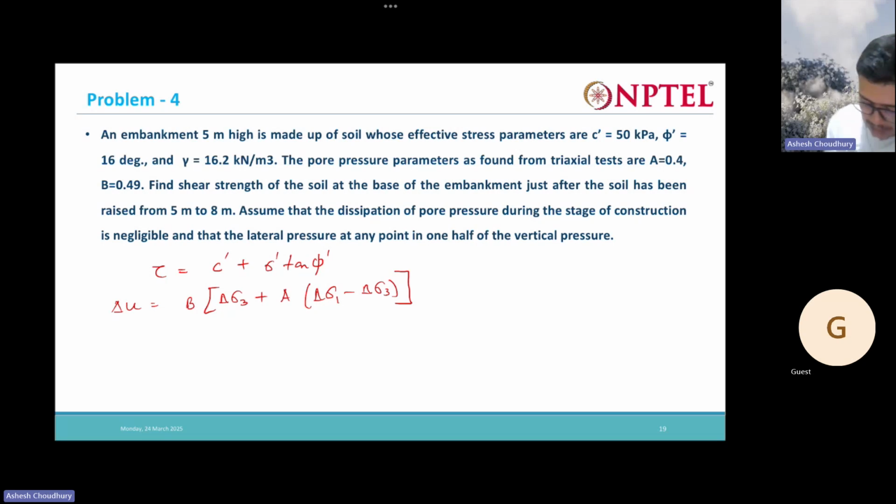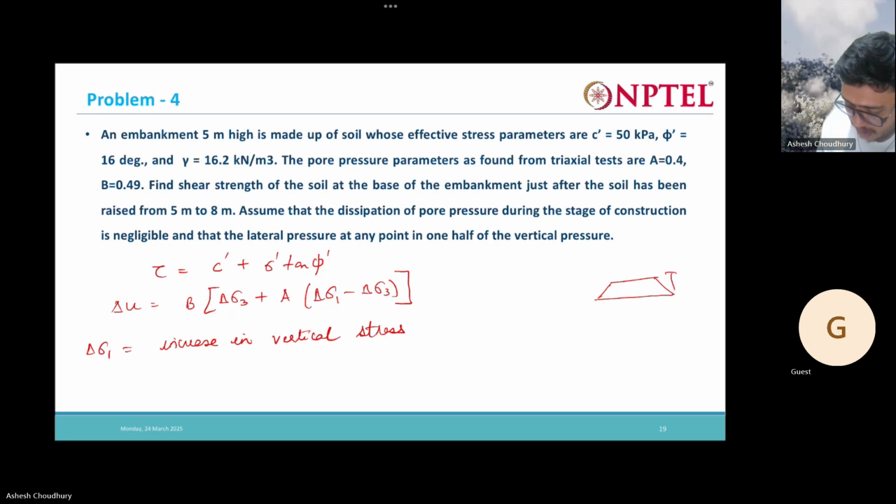Now, what is delta sigma 1? Increase in vertical stress. My embankment was something like this, say, it's 5 meters, then it was raised by 3 more meters to make it 8 meters.